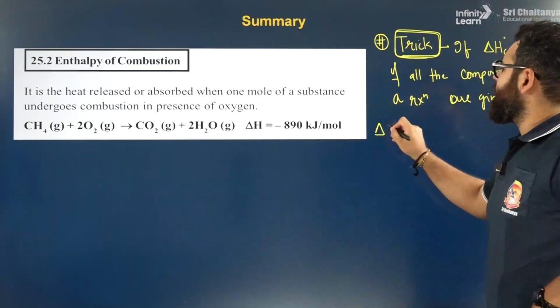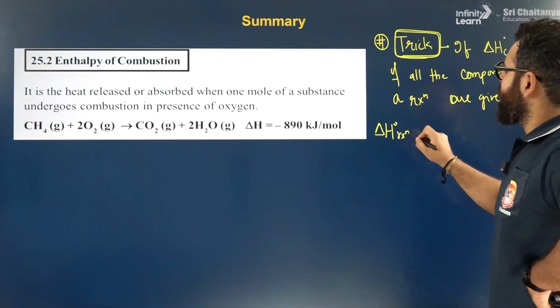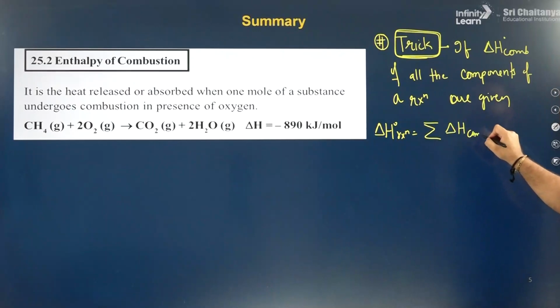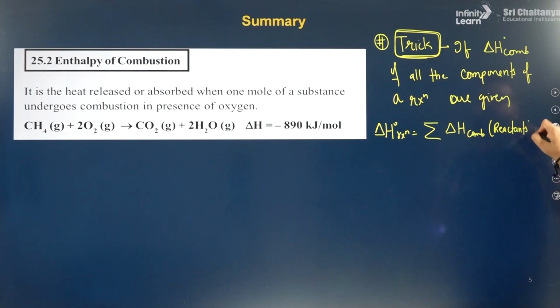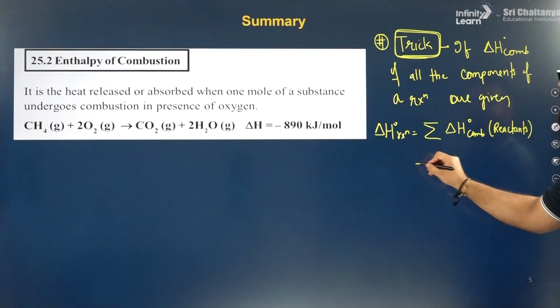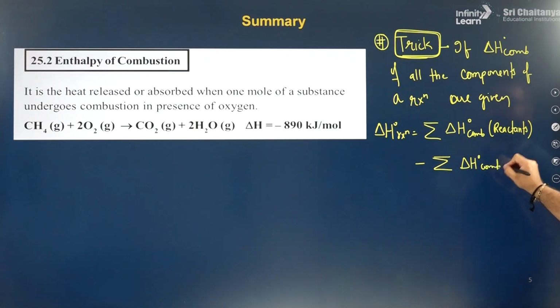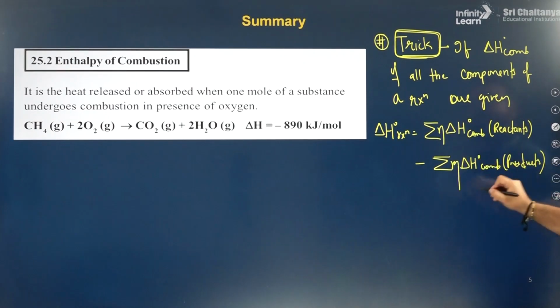So there the delta H reaction becomes summation of delta H combustion of reactants minus summation of delta H combustion of products. Reactant minus product multiplied by their stoichiometric coefficient.